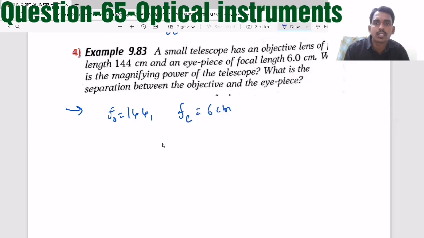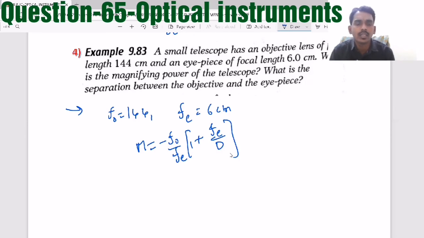See, the magnification power is minus f naught by fe into 1 plus fe by d, because they did not say normal adjustment. If they say normal adjustment, then the formula you have to take accordingly.